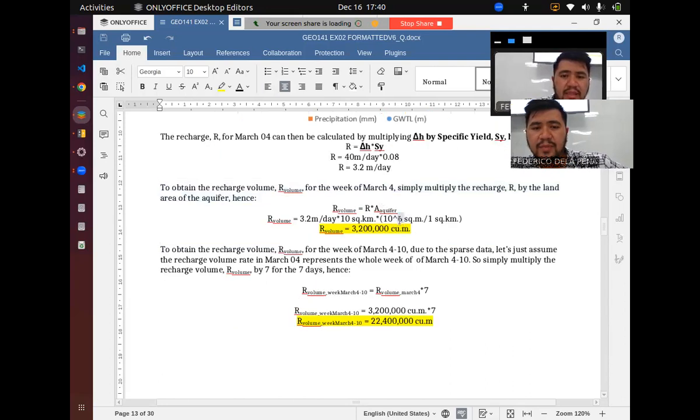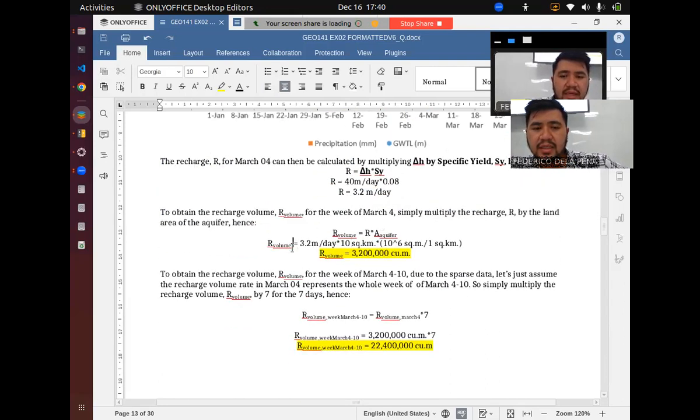Okay. Just multiply the recharge by the area of the watershed. So 3.2 meters na recharge, and then multiplied by 10 square kilometers, you get like 3.2 million cubic meters na recharge ng araw na yan.